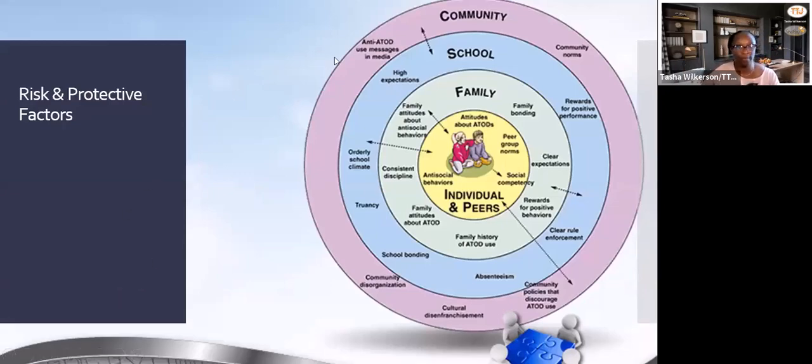So remember I talked about all of this: the risk and protective factors. Remember I told you that when we first start doing this work, and as you do prevention work, it's comprehensive. This is an image of the risk and protective factors and where they land. You have community. These are just examples, but one example is community anti-ATOD use messages in the media.